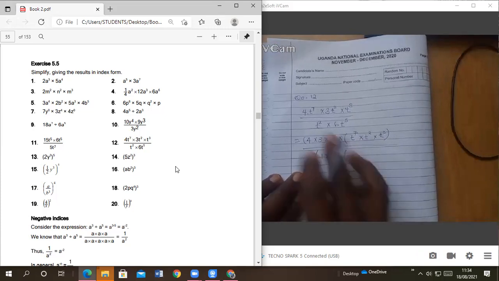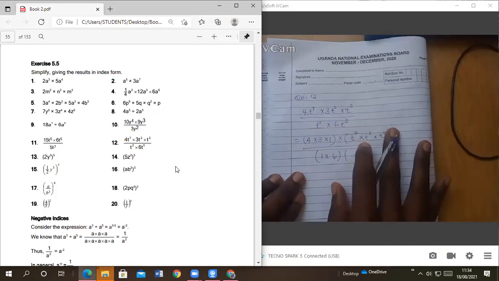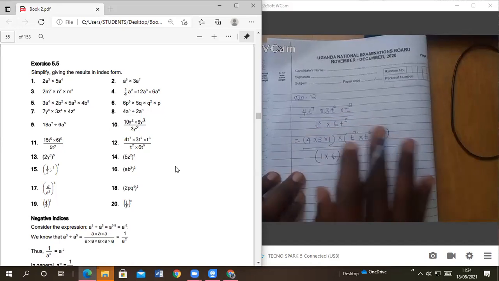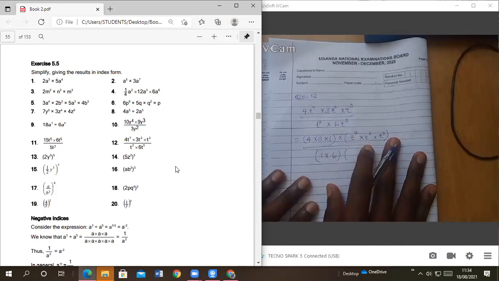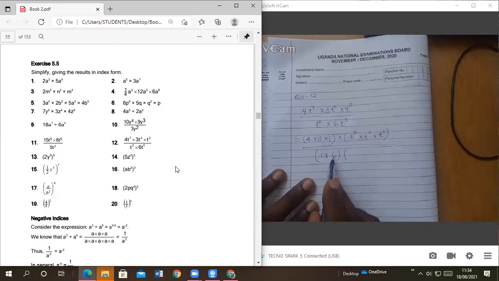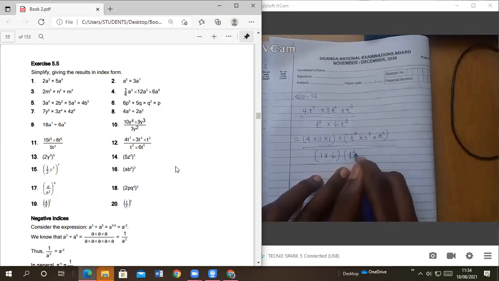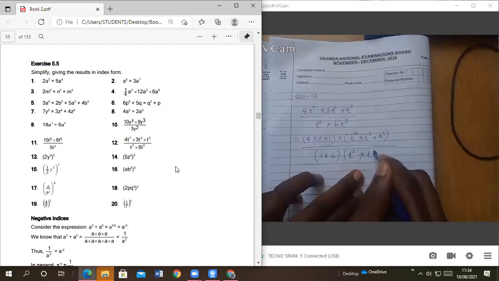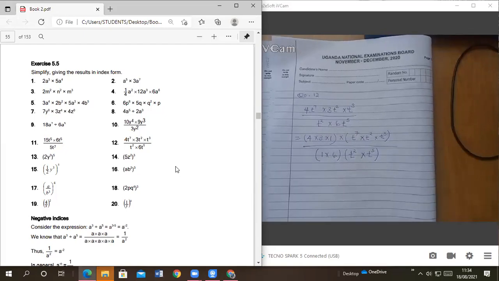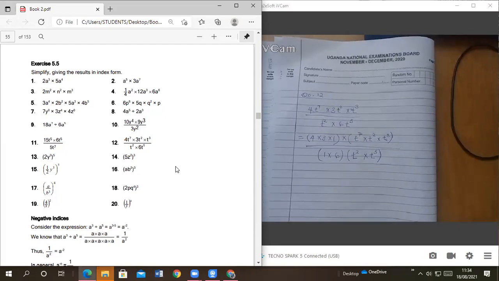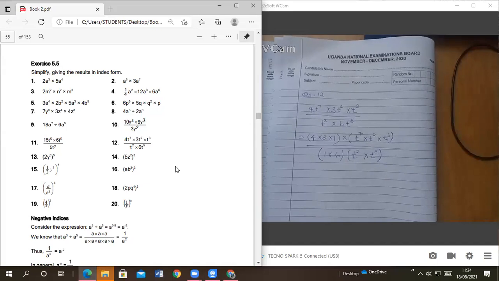No, it's not a must. I'm just showing you so that you know what to multiply exactly. So when we remove the numbers, which are 1 and 6, we remain with t squared times t to the power 5. I'm separating them like that so that it becomes easy to work out and you are able to see it clearly.